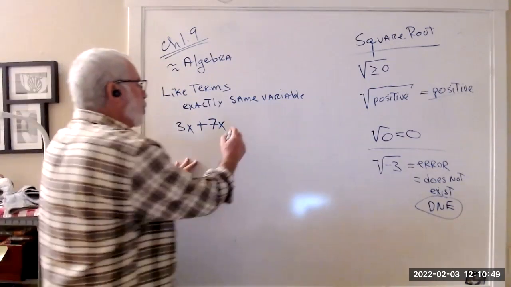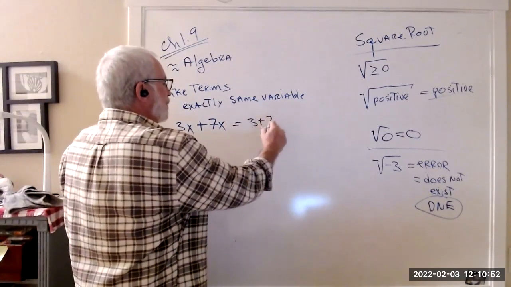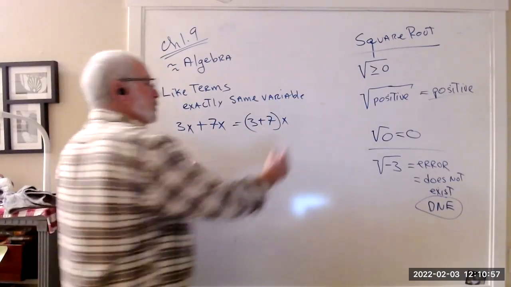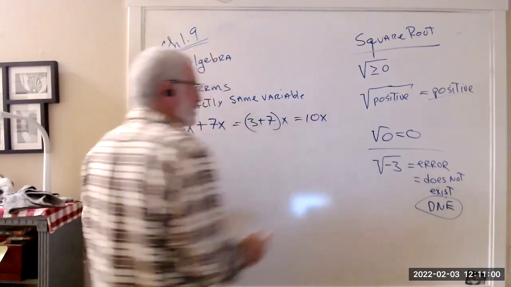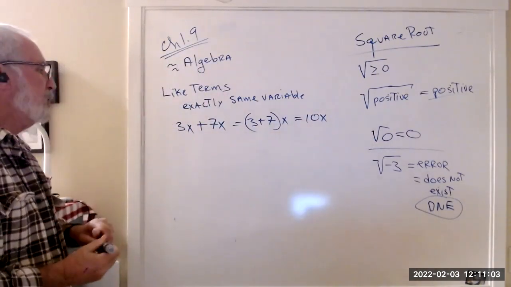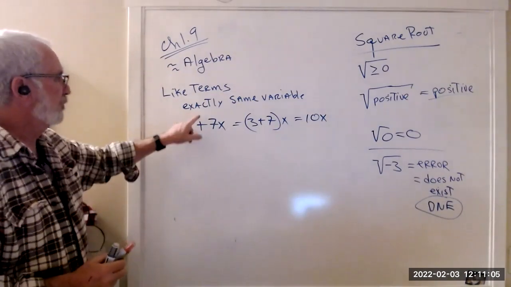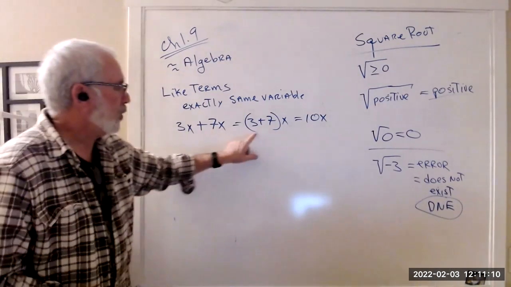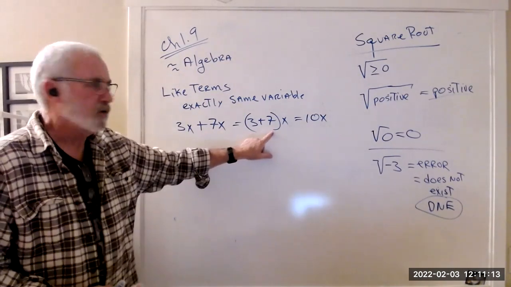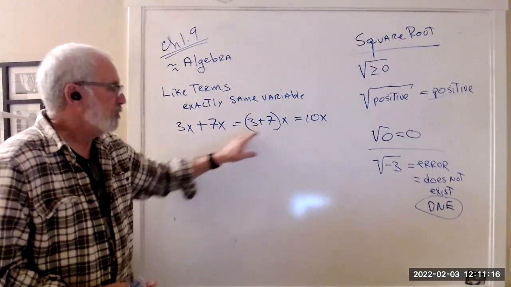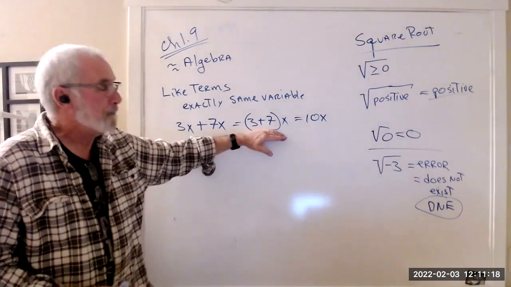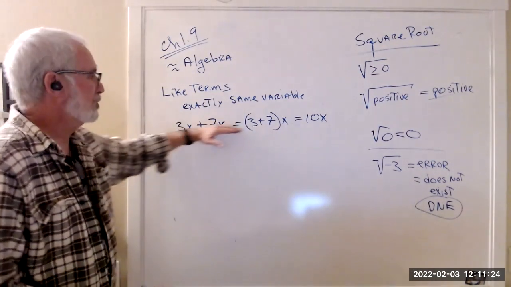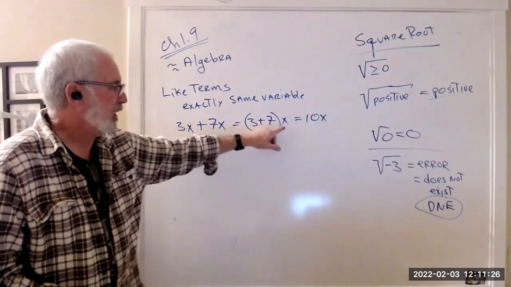And so what we do is we add the 3 plus the 7 and stick the x at the end, which gives us 10x. We add what's called their coefficient, the number in front, 3 plus 7. Now, nobody does this, but everybody thinks it. When you have like terms, you add the coefficients and stick the variable on.